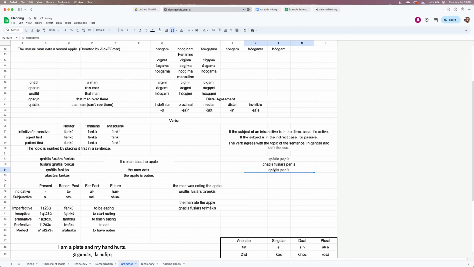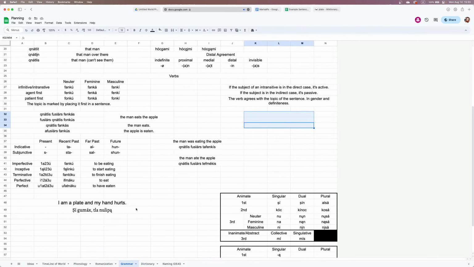The man is hurting the apple. I think you guys get the idea. So depending on if the verb is in the intransitive state or the agents or the transitive state, then it can change meaning.